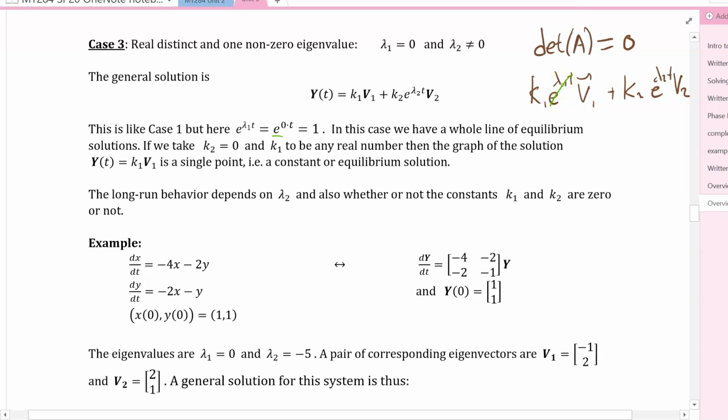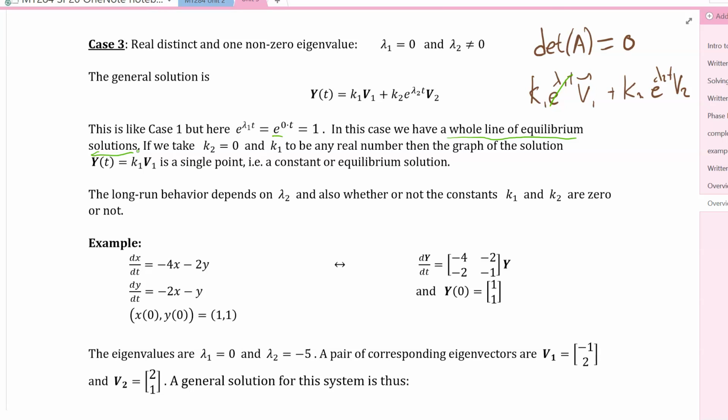Alright, so what that ends up leading to is that in this type of situation we're going to get a whole line of equilibrium solutions. In fact, if we let the constant K2 be 0, and K1 be any real number, then that will be a solution. And therefore, what's K1 times the fixed vector V1 if that's its corresponding eigenvector?